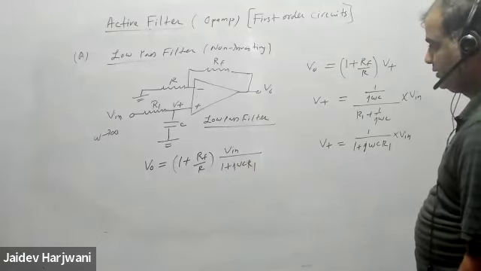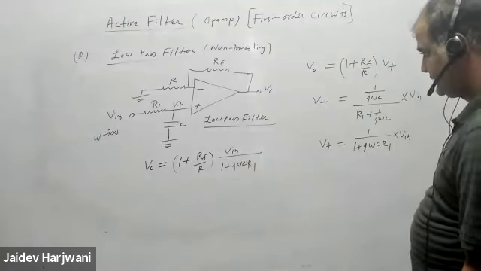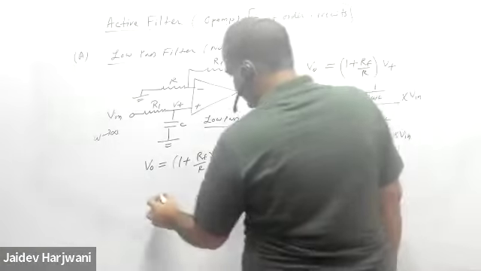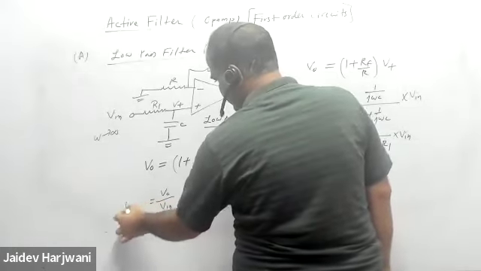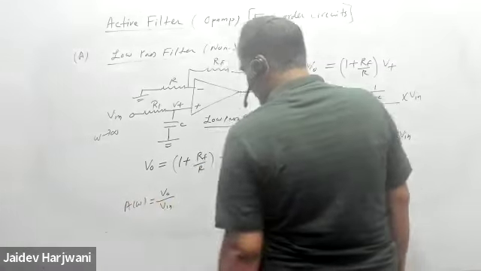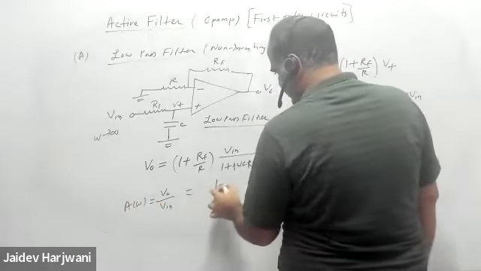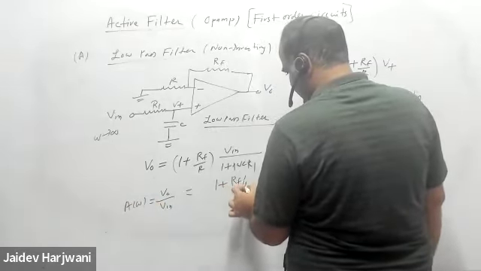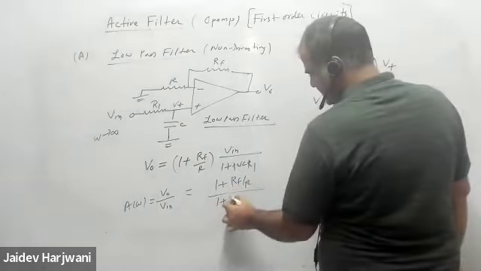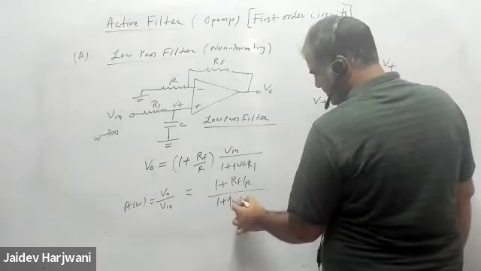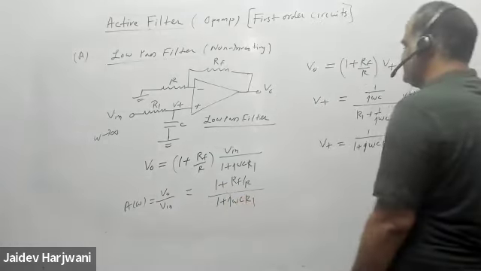So I can write V naught by V input, which is the gain, equal to 1 plus RF by R upon 1 plus j omega C R1.